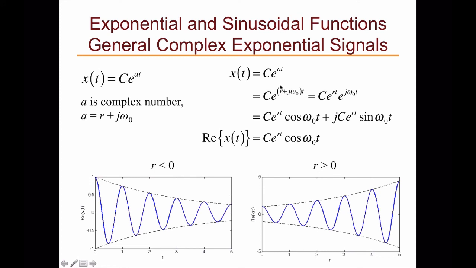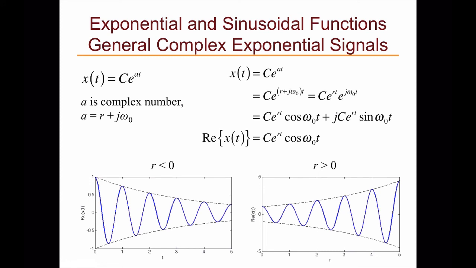If we multiply t into the parenthesis and pull e to the rt into one term and e to the j omega 0 t into another term, we can do a decomposition just like in the previous slide. That is, one term is the real term and another is the imaginary term. If we take only the real part, we will have c e to the rt cosine omega 0 t.